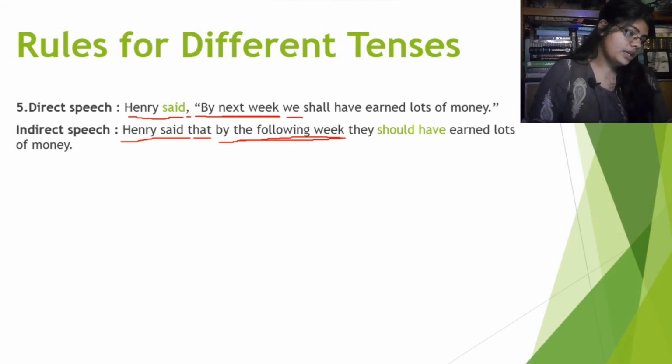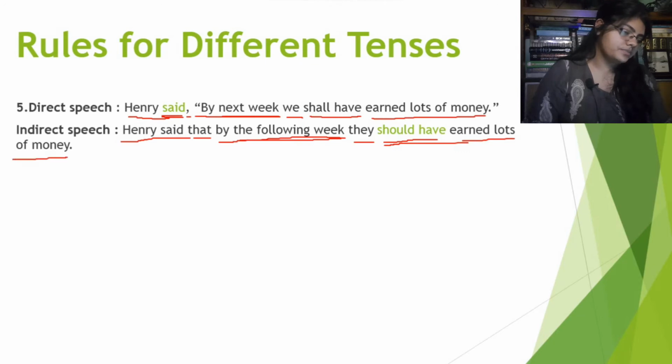"We" will be "they." "Shall have" will become "should have," because the reporting verb is "said." That's why the verb of the reported speech will change into the past tense as well, which is "should have." Now the rest of the portion, "earned lots of money."